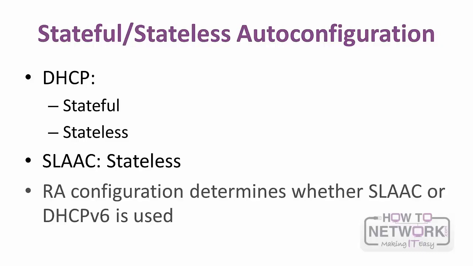Whether a host that is configured to obtain its addressing information automatically uses stateless address auto-configuration or DHCPv6 depends upon the configuration of the router's router advertisement message. The RA message can be configured to instruct devices on the link to use stateful DHCPv6 auto-configuration rather than stateless auto-configuration.